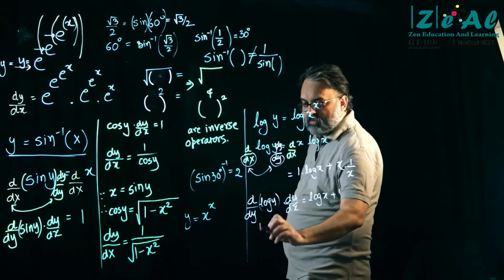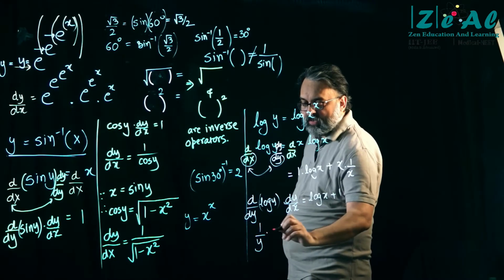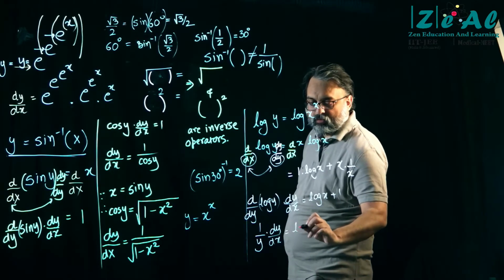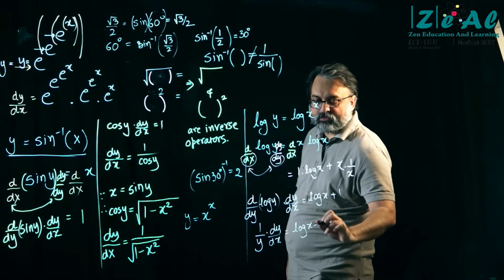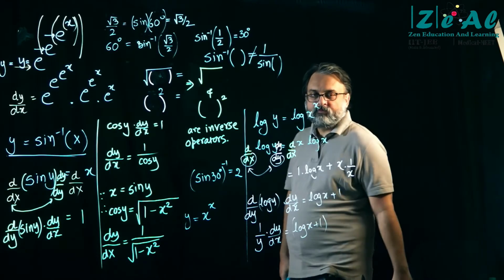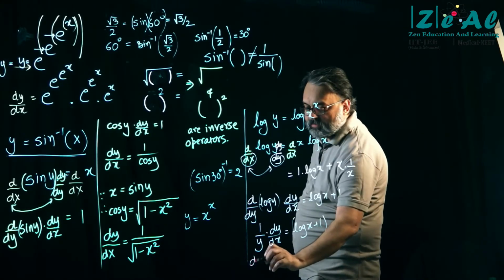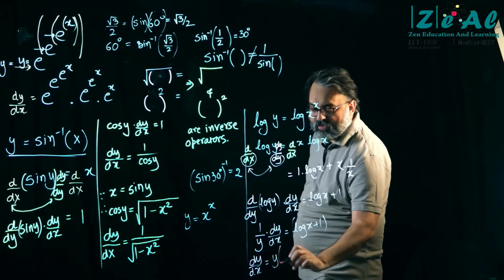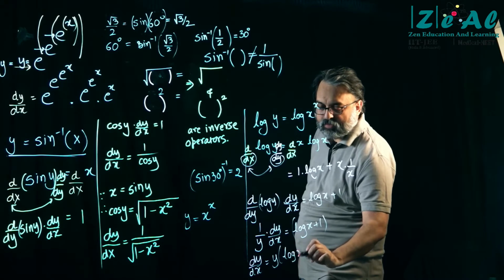So this becomes 1 by y into dy by dx is equal to log x plus 1. And now I can write dy by dx is equal to y into log x plus 1.